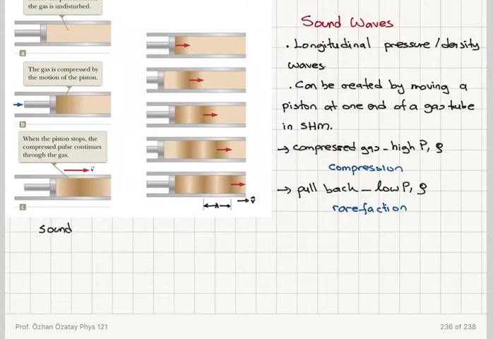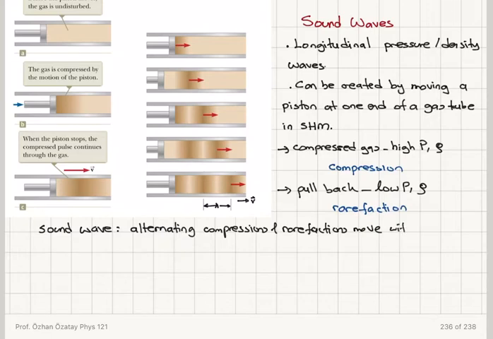So a sound wave is basically alternating compressions and rarefactions that move with the speed of sound inside this gas.